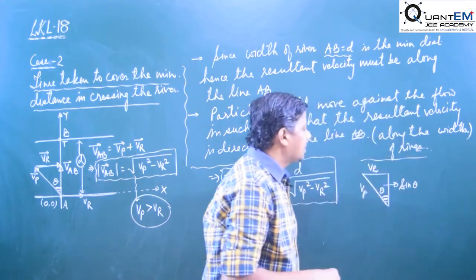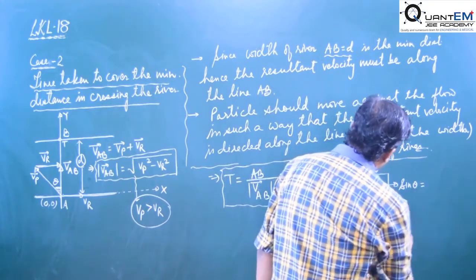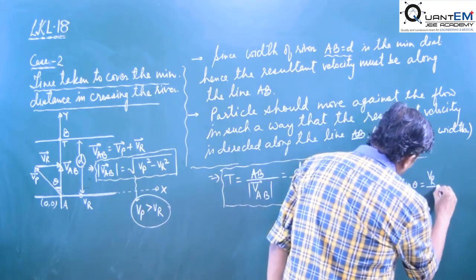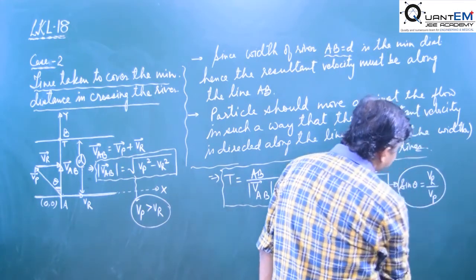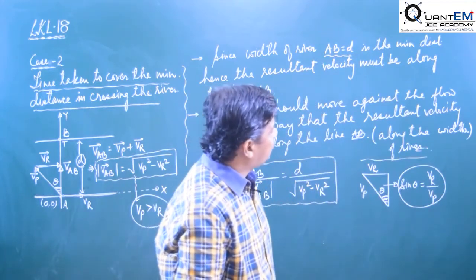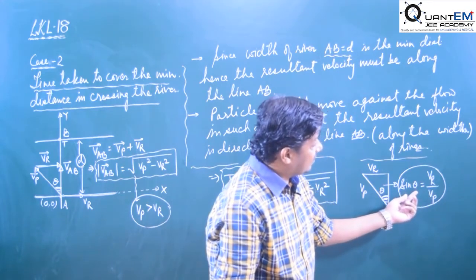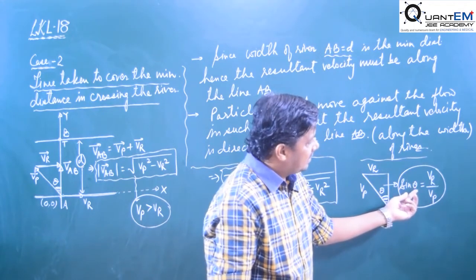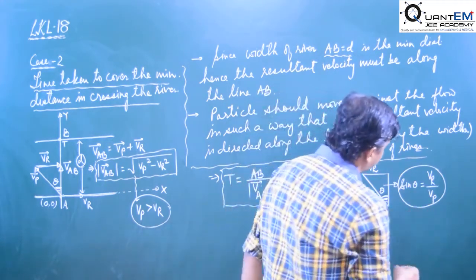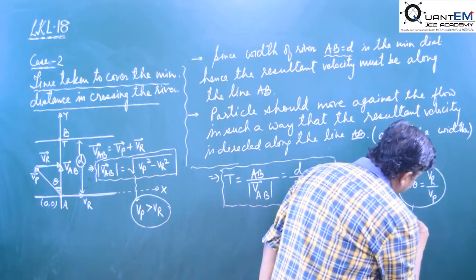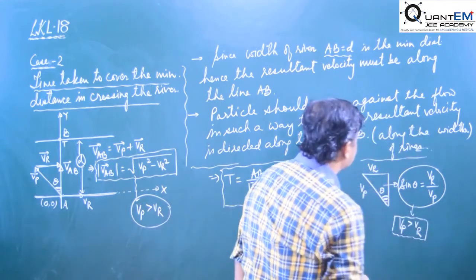Sine theta, because perpendicular and hypotenuse are known, is perpendicular by hypotenuse, that is VR by VP. Now sine theta must be less than or equal to 1. If VR is greater than VP, then sine theta will be greater than 1. That is impossible. So for the value to be less than 1, VR must be less than VP. So from this result also we have VP greater than VR.